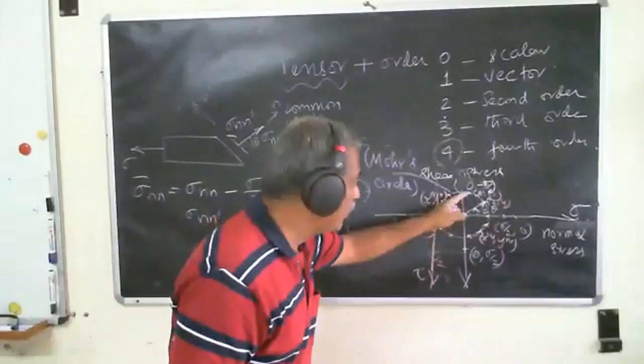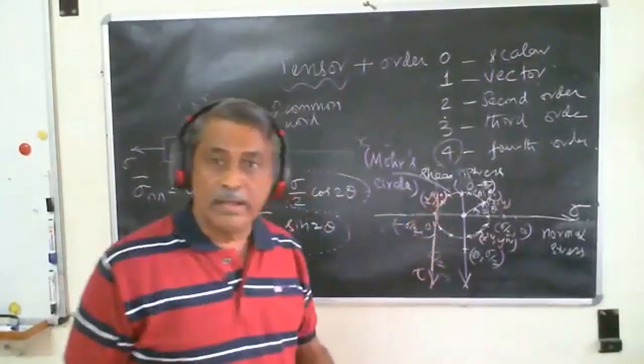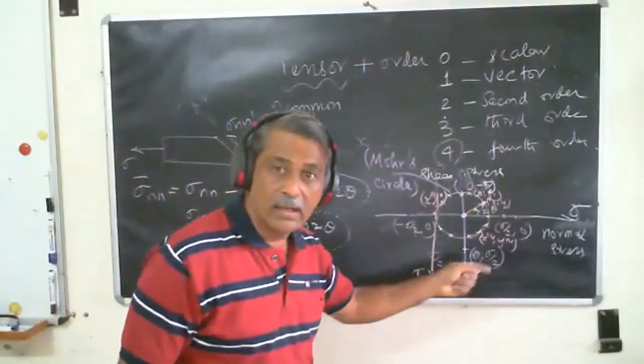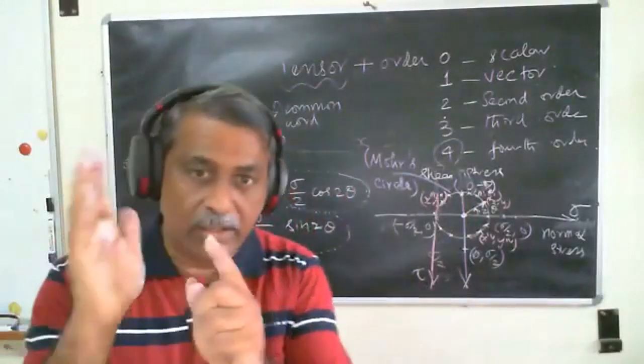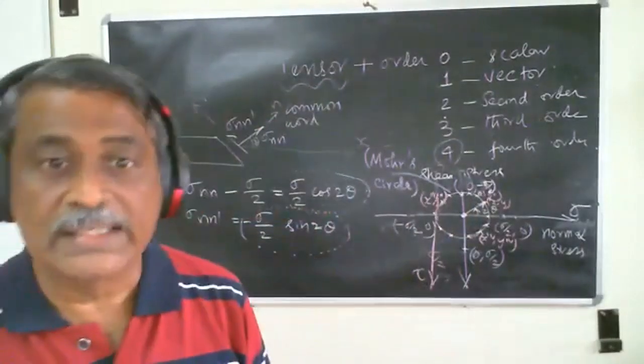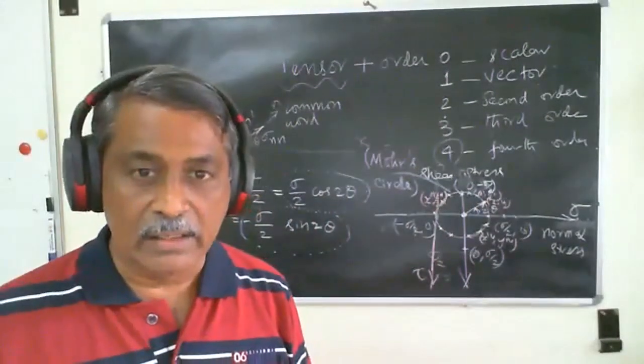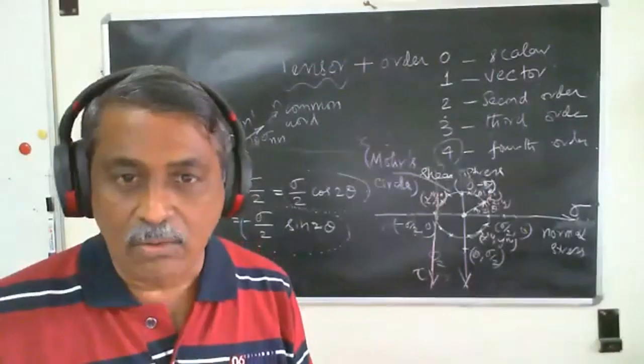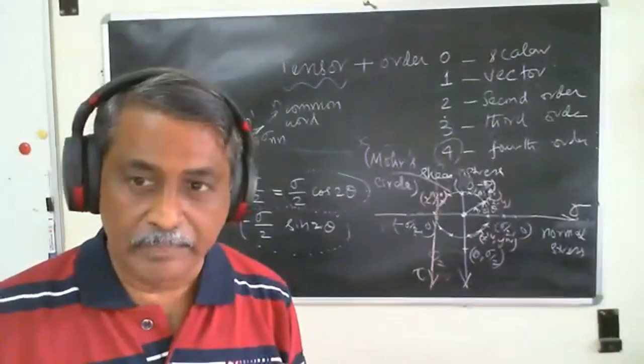Supposing I have to obtain the value anywhere, it is possible for me to draw this circle and measure what would be the values. It's easier that way because a calculator was non-existent at that time.